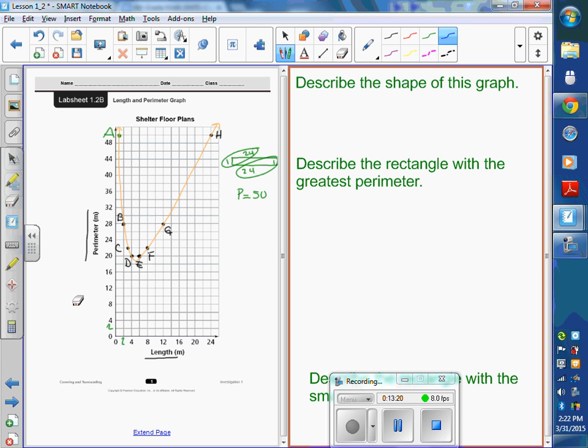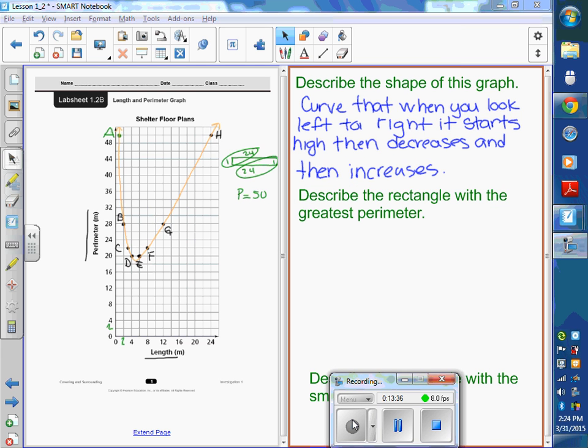Because a U is like a curve, right? It's a curve that kind of starts high, and then dips down, and then curves back up, right? So the biggest thing is it's a curve shape, it's decreasing and then increasing, it's not a line shape, okay?